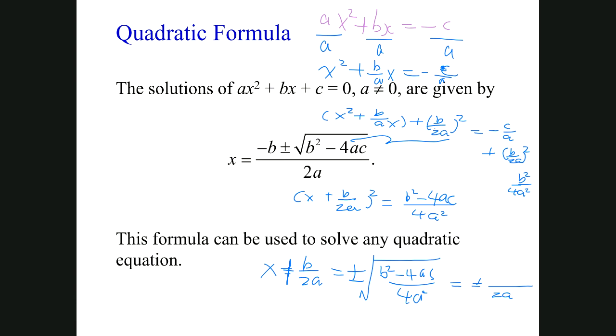And then you're going to have a square root of b squared minus 4ac here. And then you solve for x here, you minus b over 2a on both sides. So this will be canceled out.